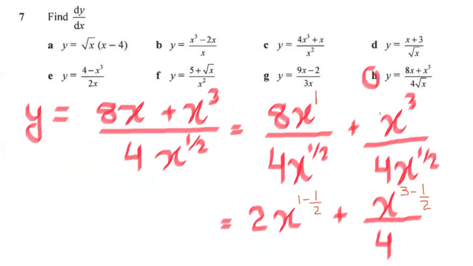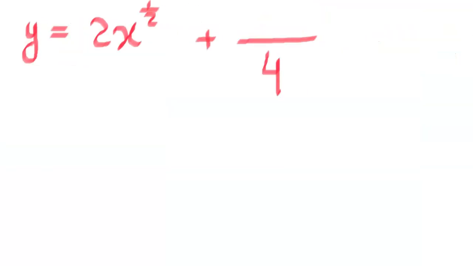Now 3 minus half. 3 minus half is, I can write 2.5. Or if I don't want to write 2.5, 3 minus half is actually 5 over 2. Why is 3 minus half 5 over 2? I need to make the denominator the same.